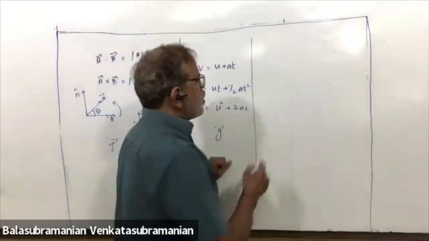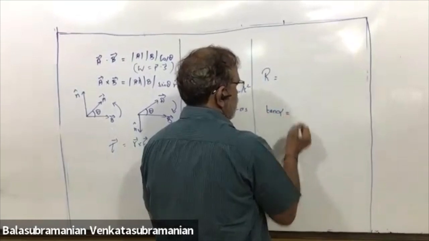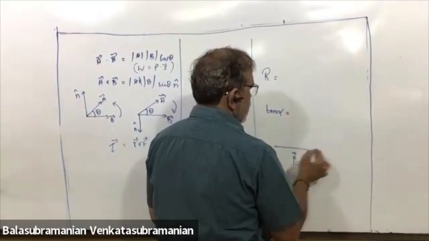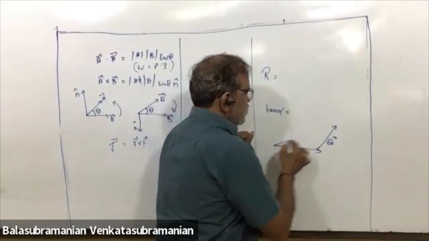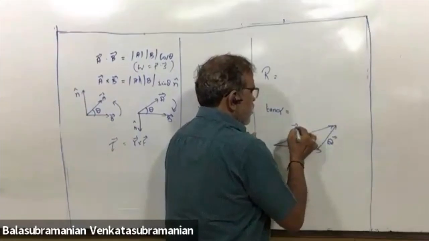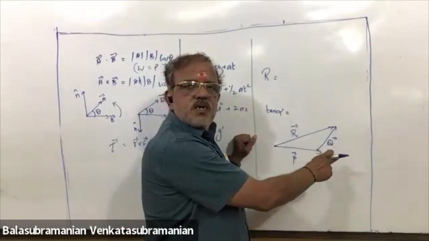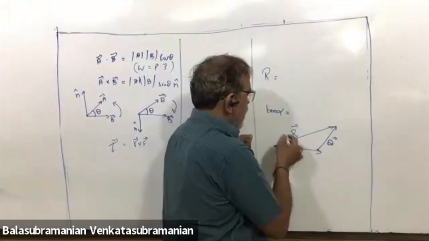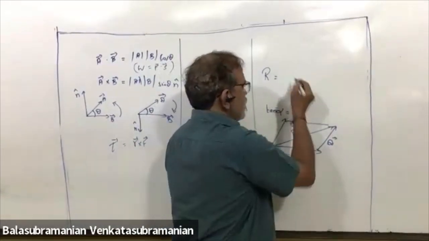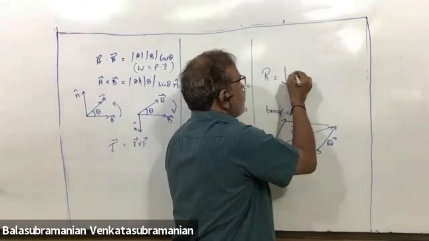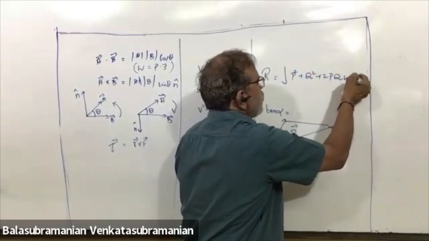Okay. Parallelogram law of vectors. P vector, Q vector. This is the resultant. Draw a line parallel to P, and one more parallel to Q. So this is the parallelogram law. Resultant is root of P square plus Q square plus 2PQ cos theta.